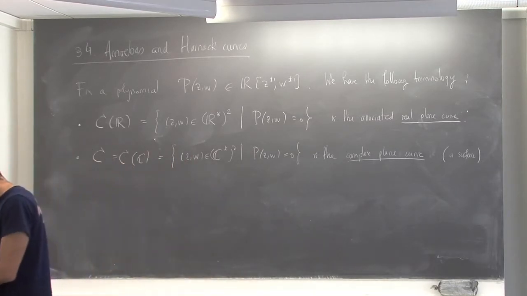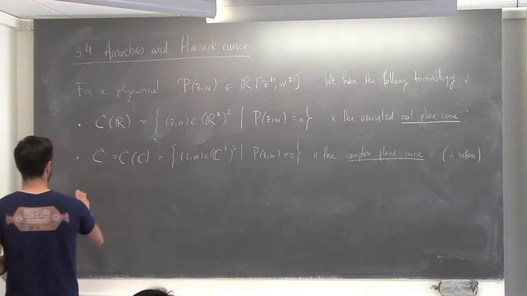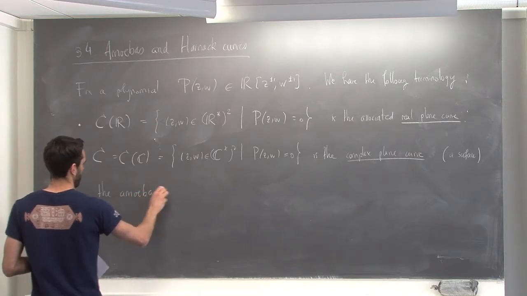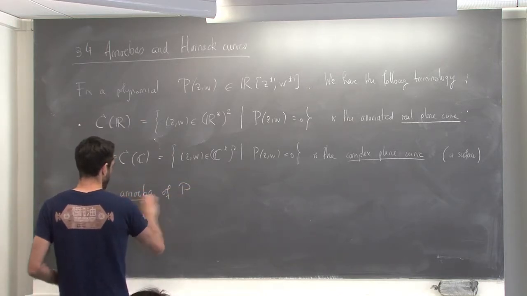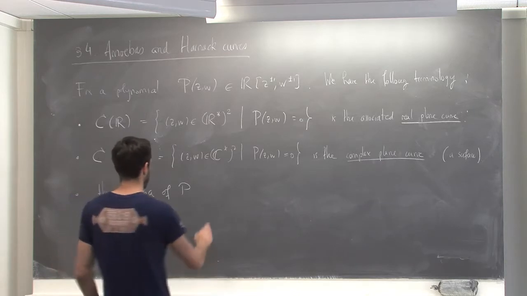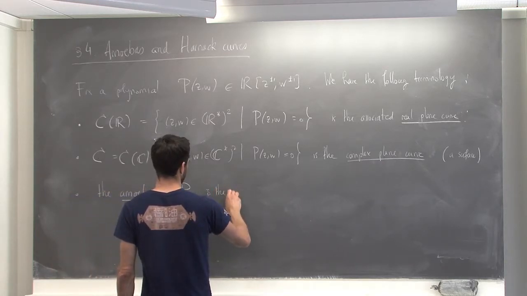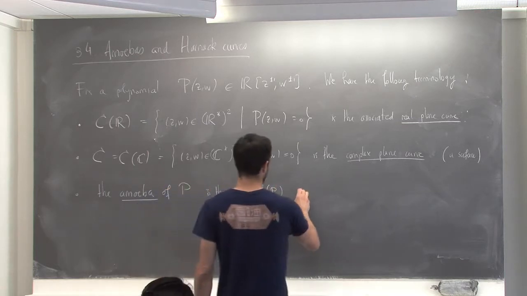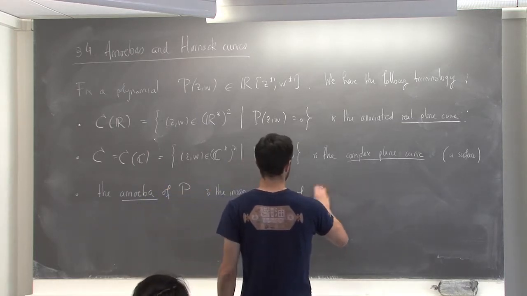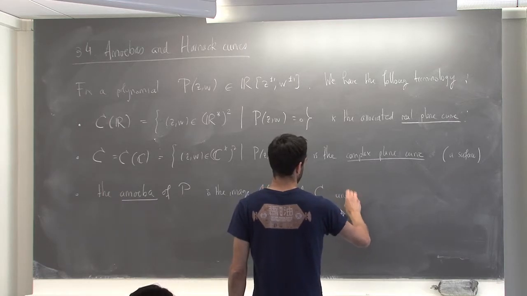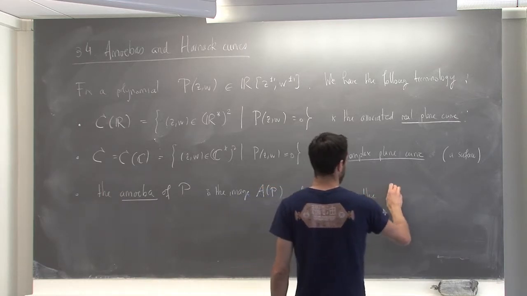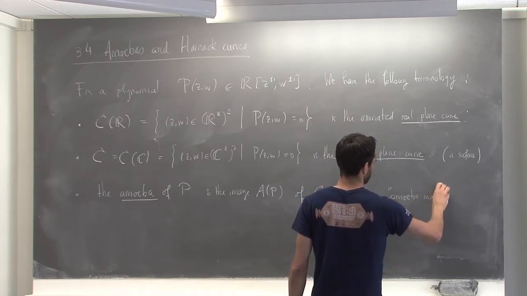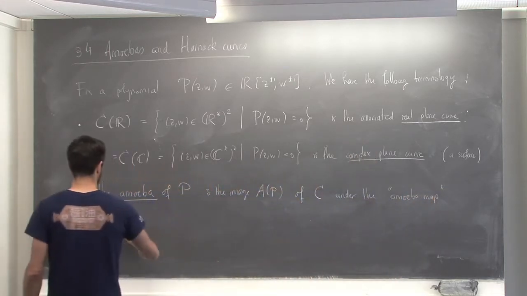Okay, and so one of the central objects of this theory is the so-called amoeba. The amoeba of P is the image A(P) of C under the so-called amoeba map, which we can denote like this.